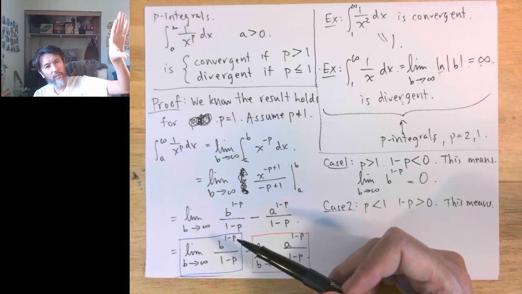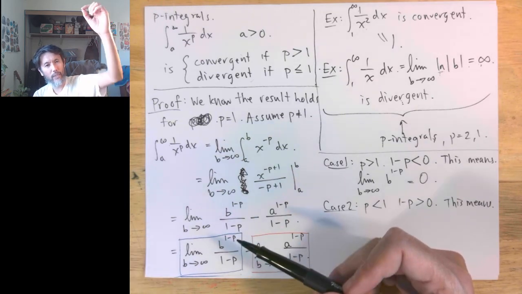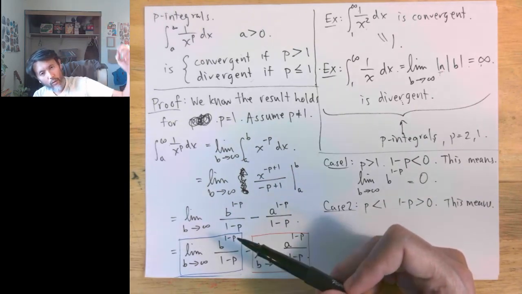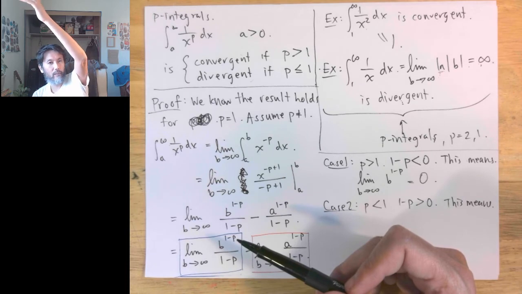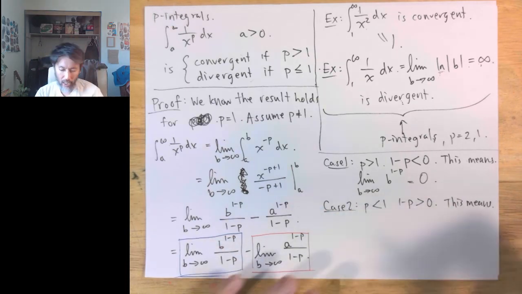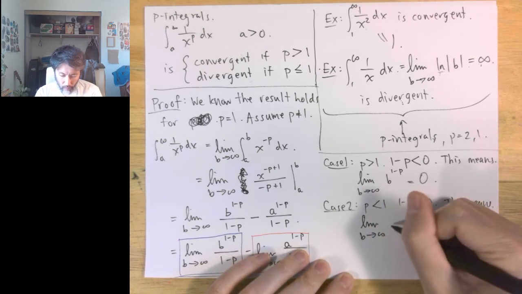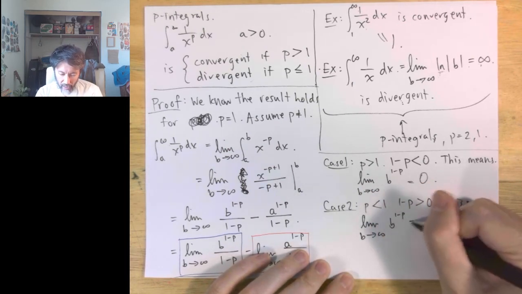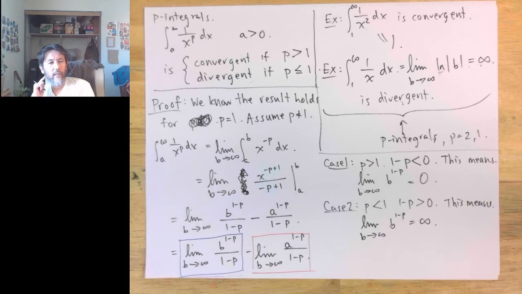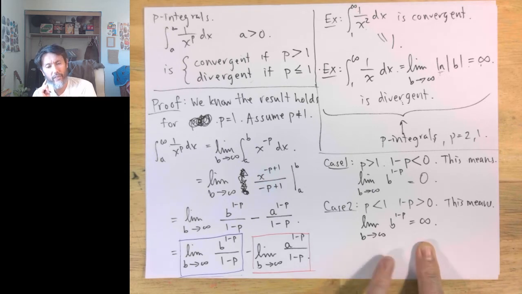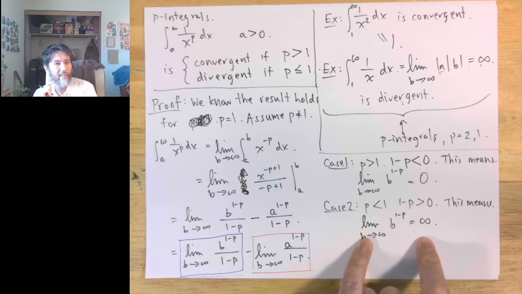In all of those situations, B to the 1 minus P is going to increase in value as B gets larger and larger. In particular, the limit as B goes to infinity of B to the 1 minus P is equal to infinity. This is a fancier, more detailed way of saying that this limit doesn't exist, but this is the behavior of it: it blows up to infinity.